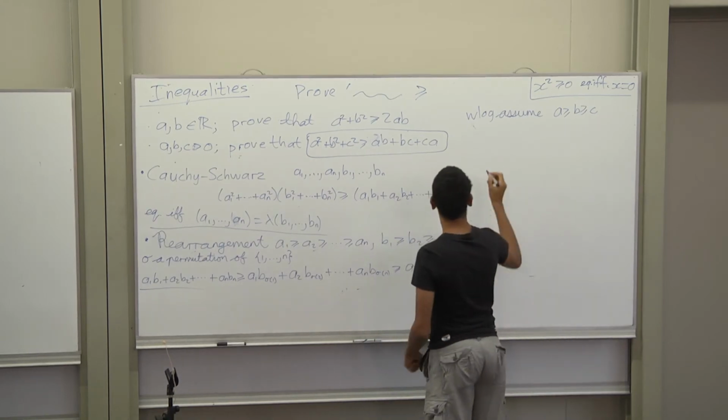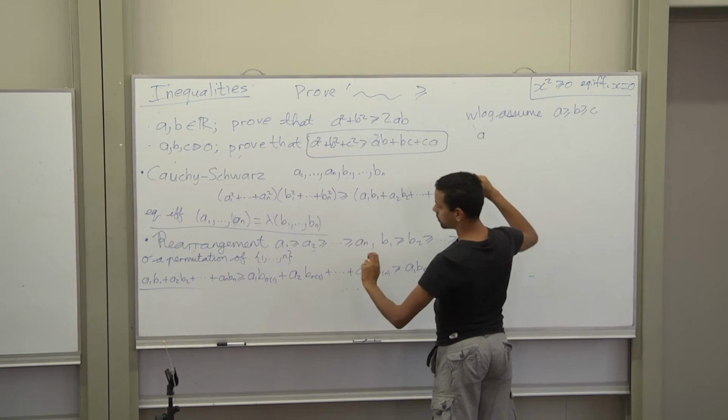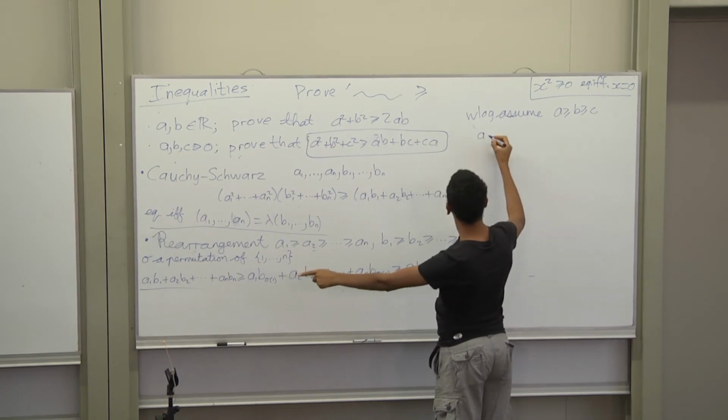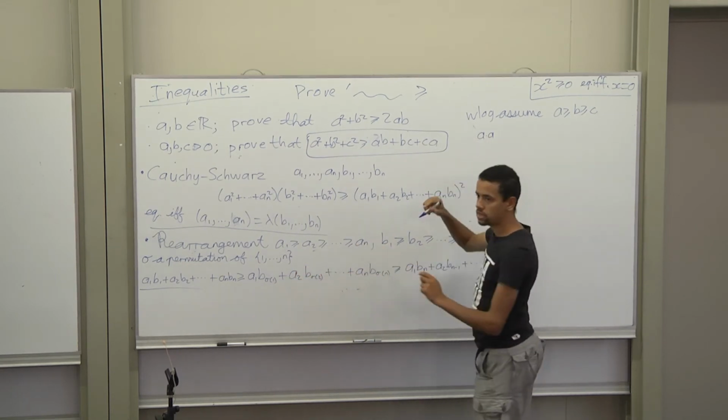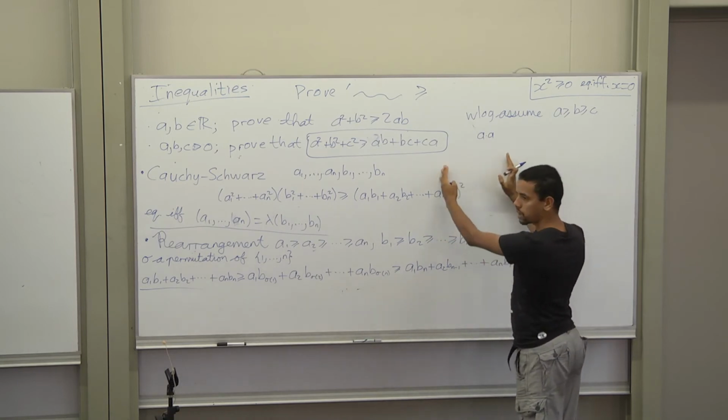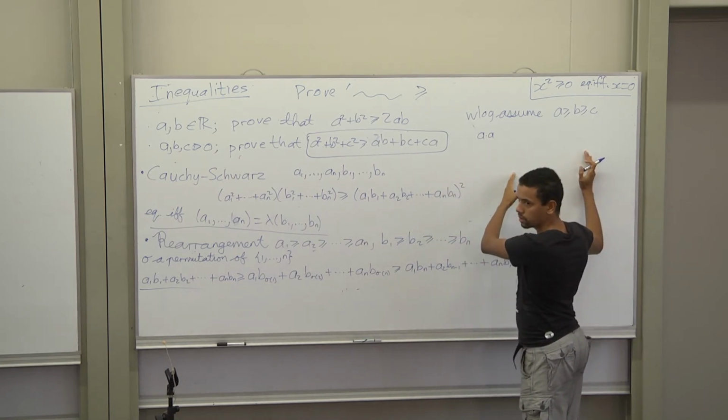Then rearrangement tells us that, first of all, if I multiply A with the biggest of the other sequence, we have two sequences, one ABC, the other one also ABC.